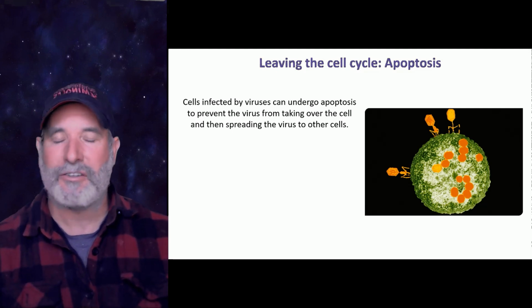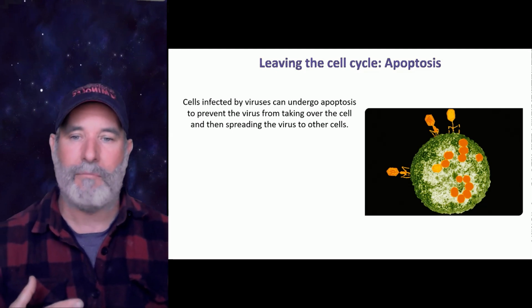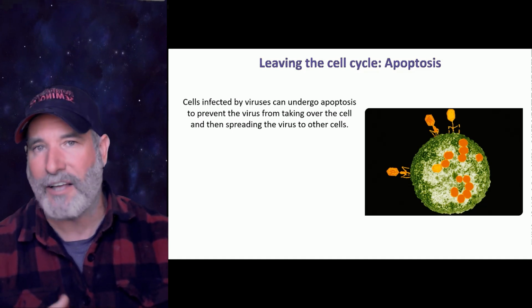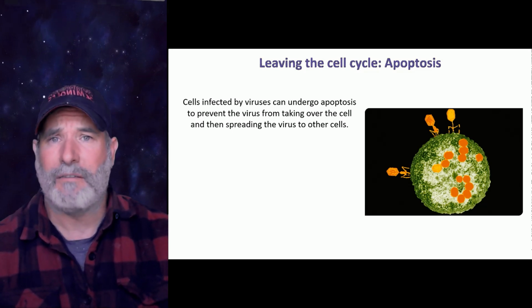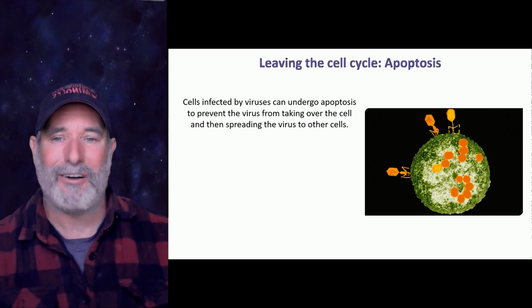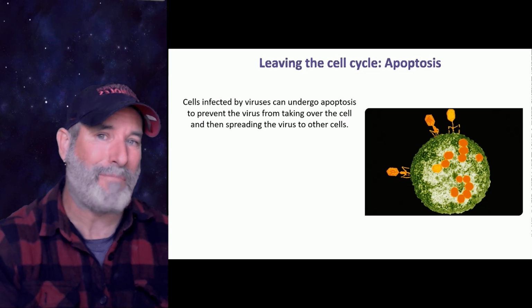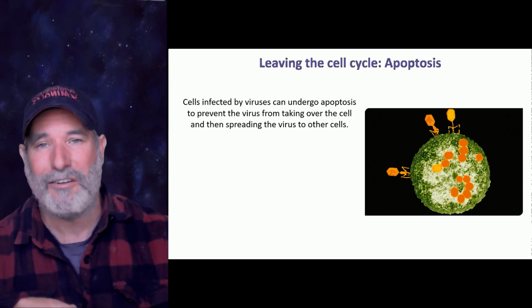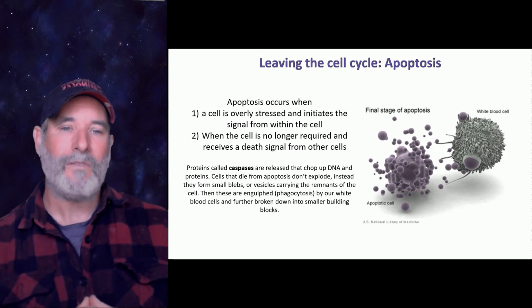And of course, cells can also exit the cell cycle if they become infected by viruses, if they become cancerous, or if they become damaged in some other way through some type of internal cellular stress. A lot of times it could be too much oxidative damage. In that case, if the mitochondria start having problems and lose their membrane potential, they'll initiate apoptosis. And once you start, you're done. You're going down it.